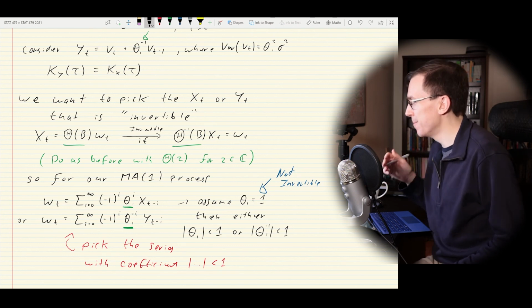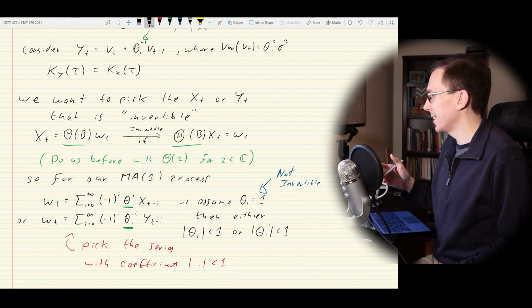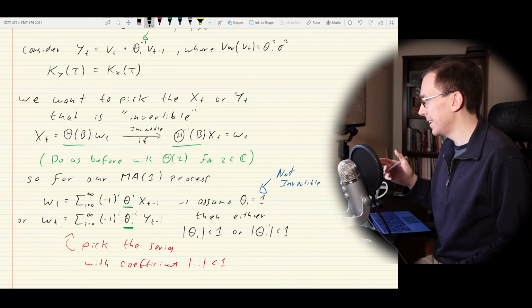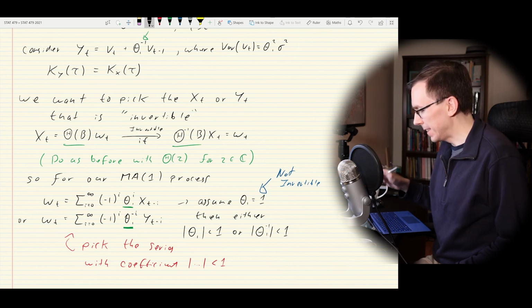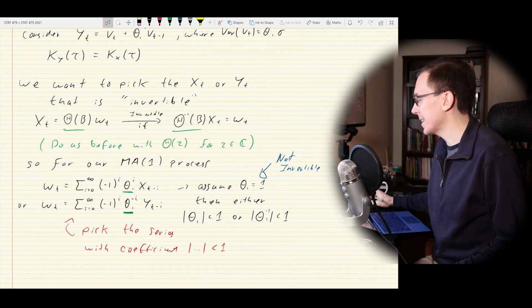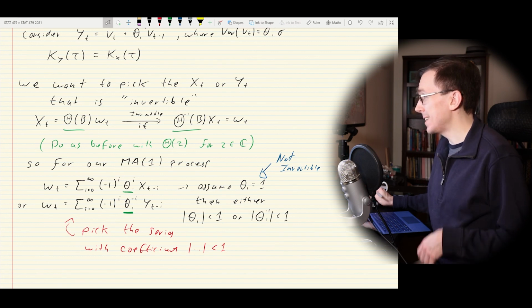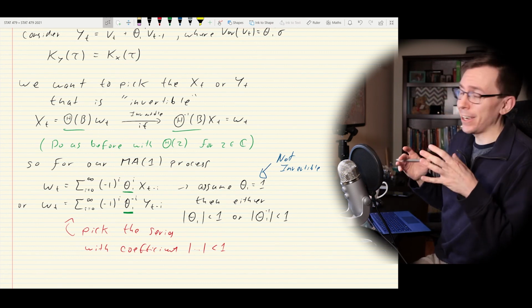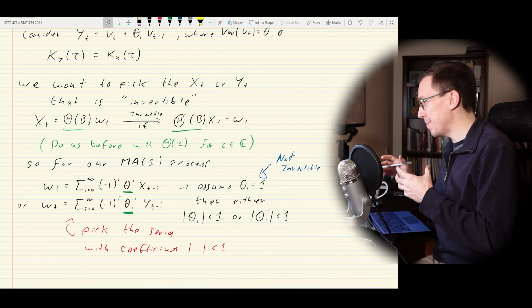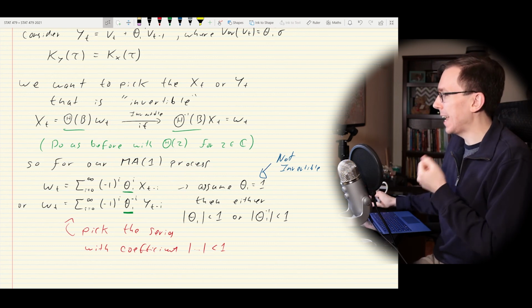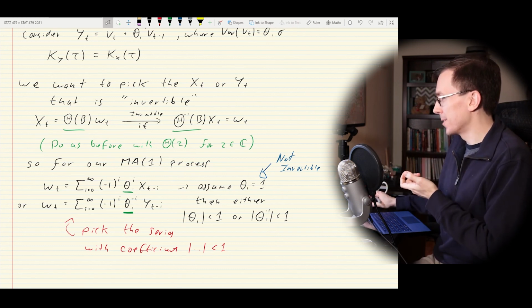Right. So that's more or less everything that we want to talk about in this lecture, because the next thing we're going to do is take this autoregressive piece, the AR piece, and the MA piece, and cram them together to get an ARMA model.